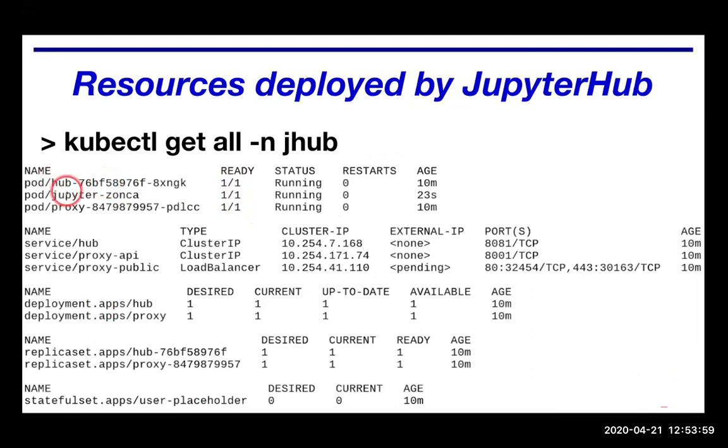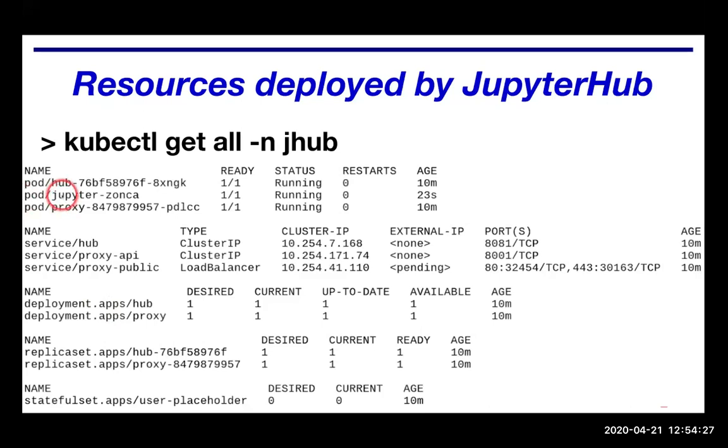The hub is the container which is running the actual JupyterHub software. The proxy is a part of JupyterHub as well, and it's handling all the routing between JupyterHub and all the different containers that are running the user pods.